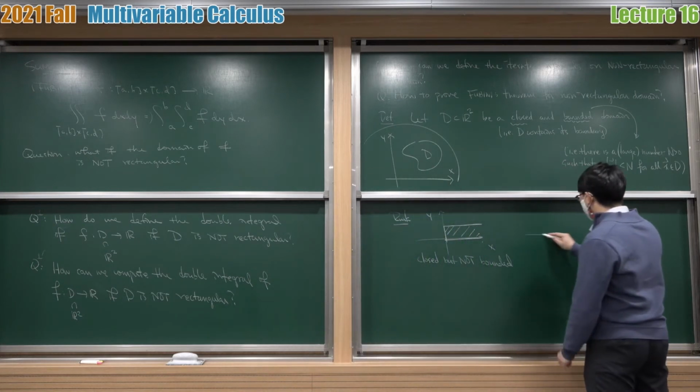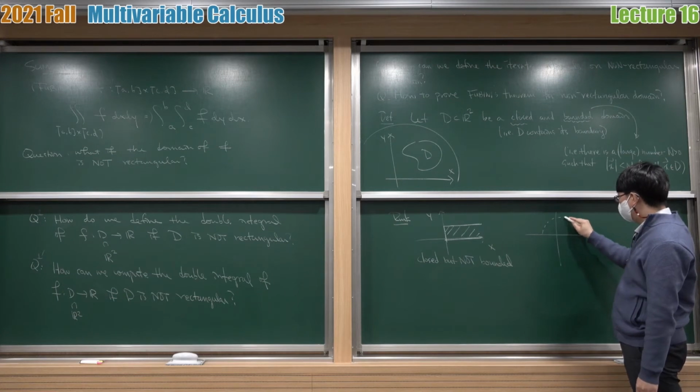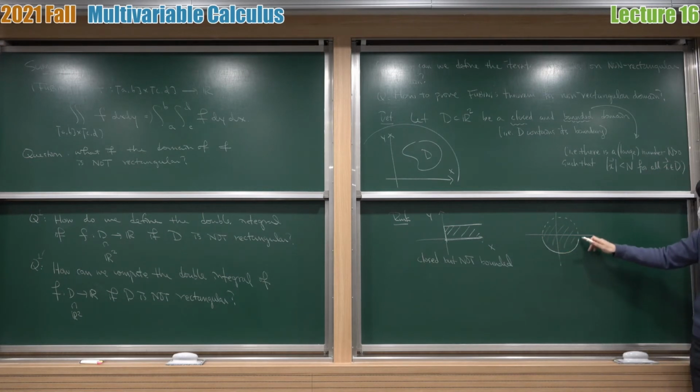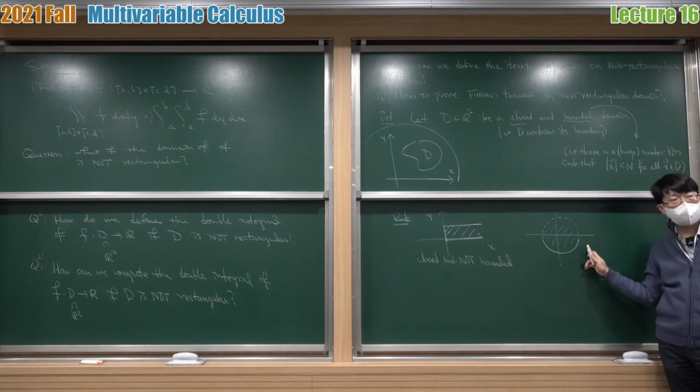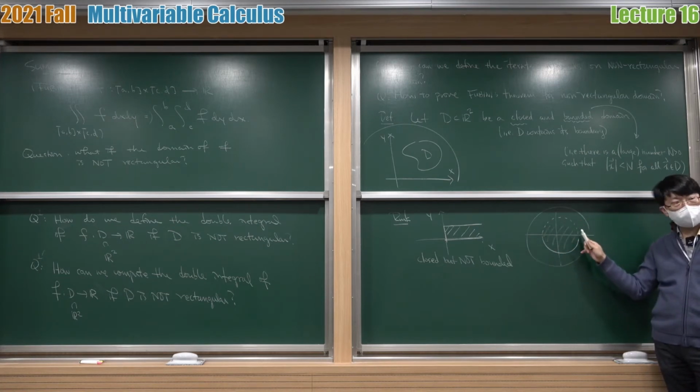And also, let's say I have a circular region, but the boundary is only at the lower half of the circle. This is bounded because I can put that in a larger circle. So it is bounded, but it's not closed because it does not contain the upper boundary.